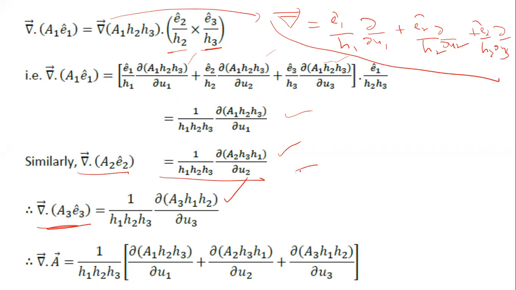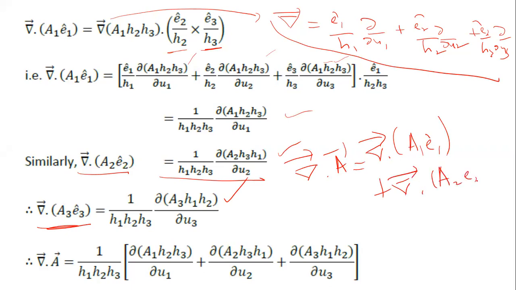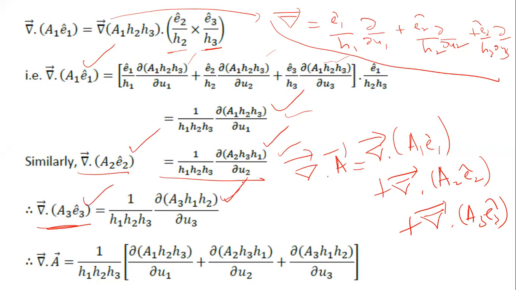So divergence of A will be divergence of A1 e1 cap plus divergence of A2 e2 cap plus divergence of A3 e3 cap. So this you have deduced as this, and similar to this calculation, you can follow this and you will get this. So you can work it out.